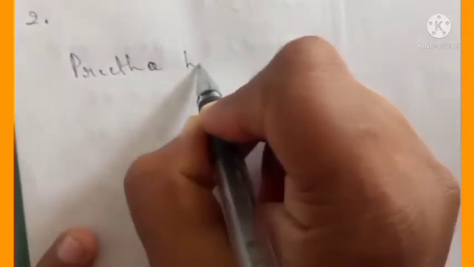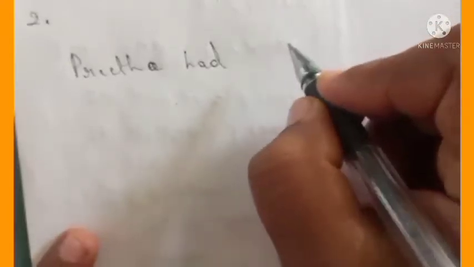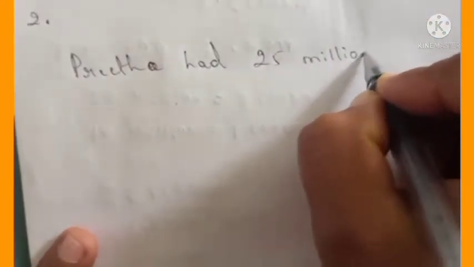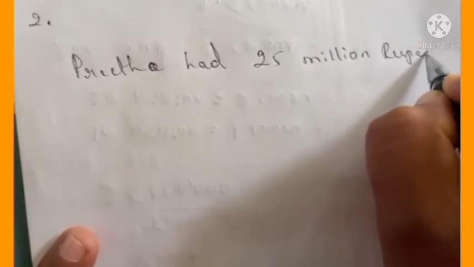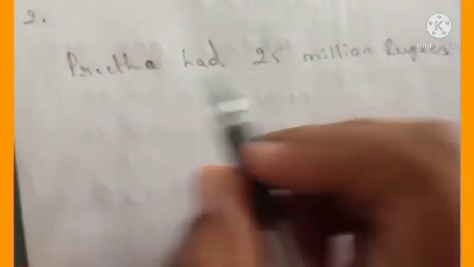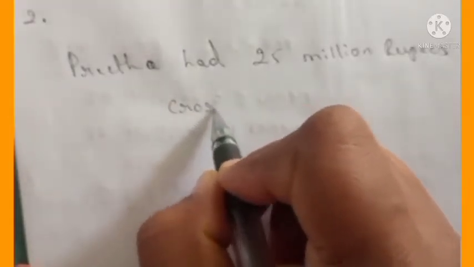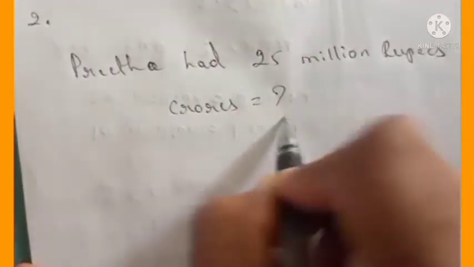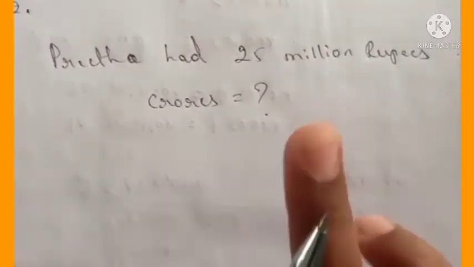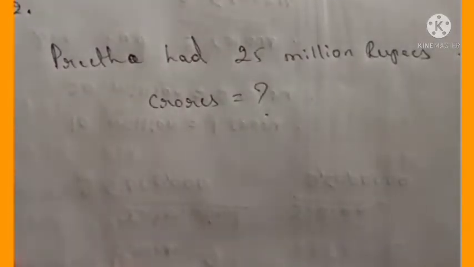So write down, Preeta had 25 million rupees. Okay, so how many crores she had, we don't know. Okay, crores is equal to don't know. So we need to find out how many crores are there in 25 million.